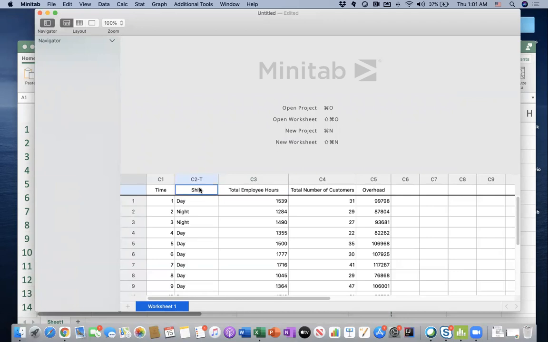Or, for example, demographics or race or the state information, usually information that has multiple categories or a limited number of observations that can be put in there is going to be your categorical variable.